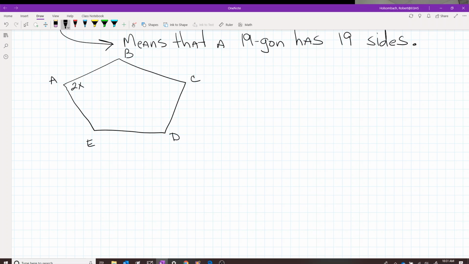Angle B is 142. Angle C is 2x. Angles D and E are both 3x plus 14. And you have to find the measure of each angle.